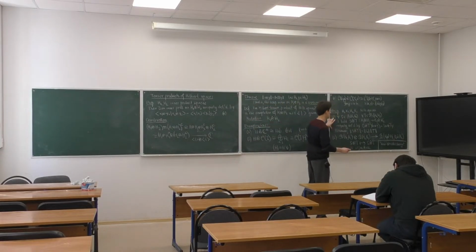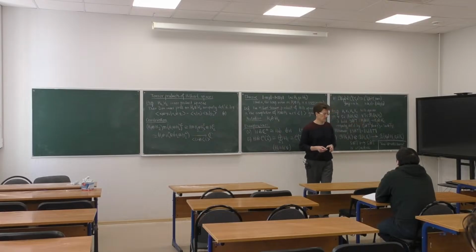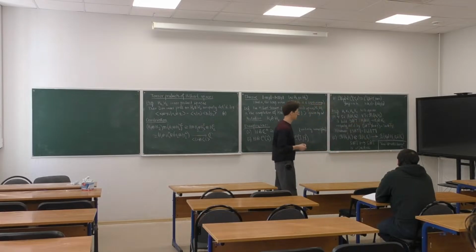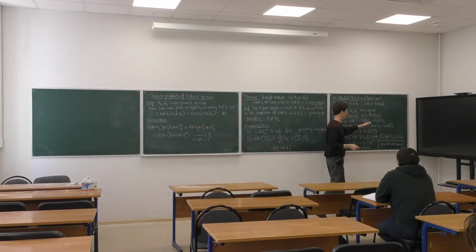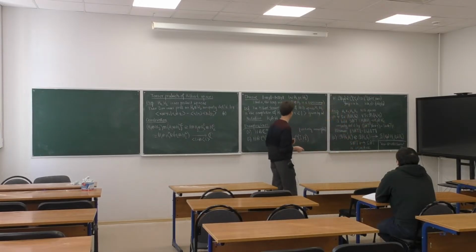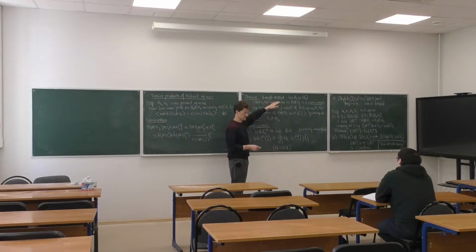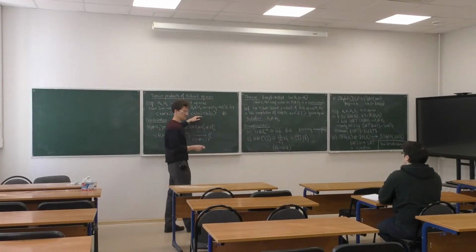To prove part one, first of all, we clearly can define this map on the algebraic tensor product in the obvious way. And now the only thing we want to prove is that the respective map between the algebraic tensor products is bounded for the norm generated by this inner product.